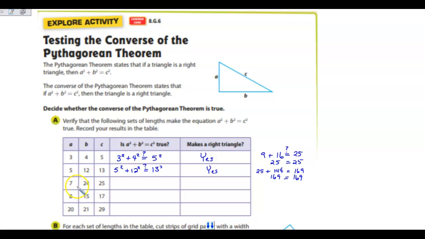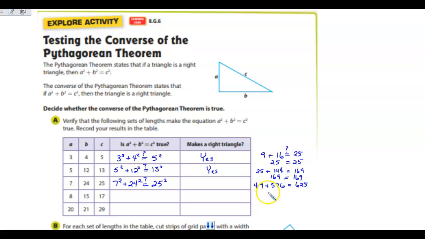This one is 7 squared plus 24 squared. Does it equal 25 squared? So 7 squared is 49, 24 squared is 576, and 25 squared is 625.